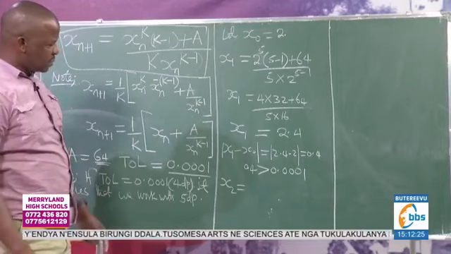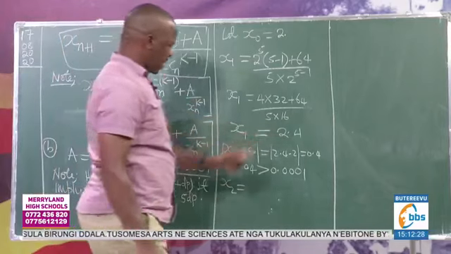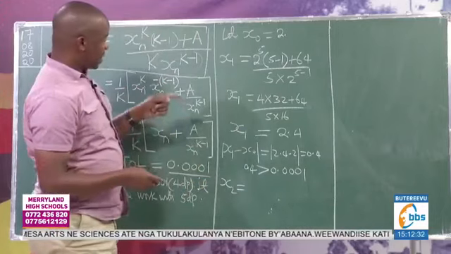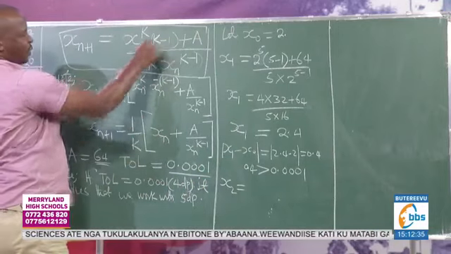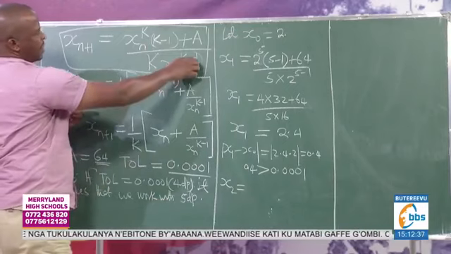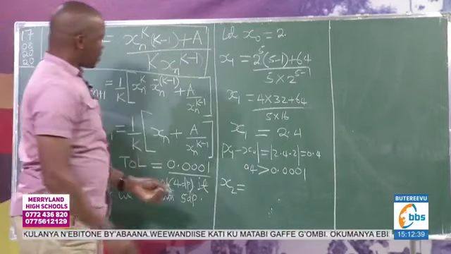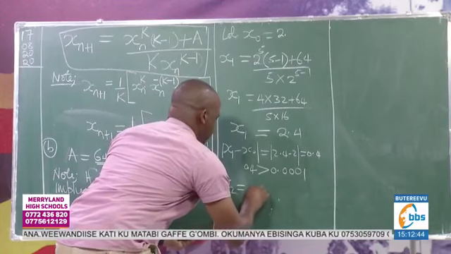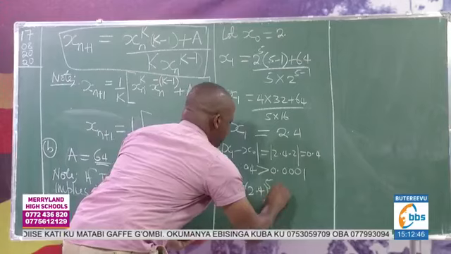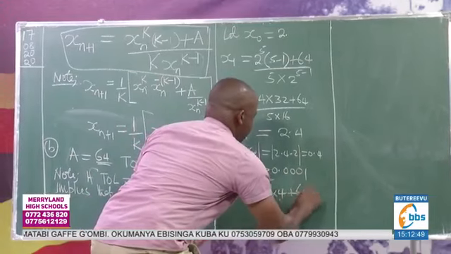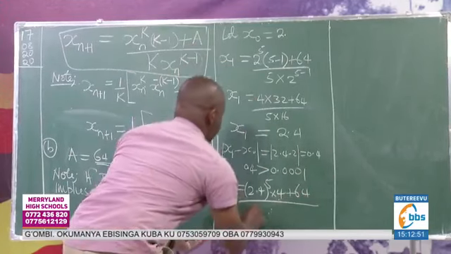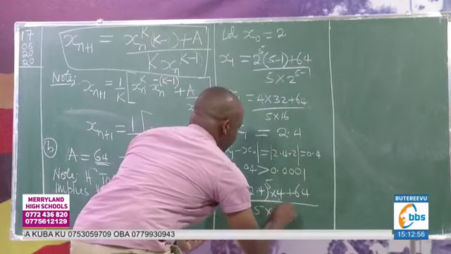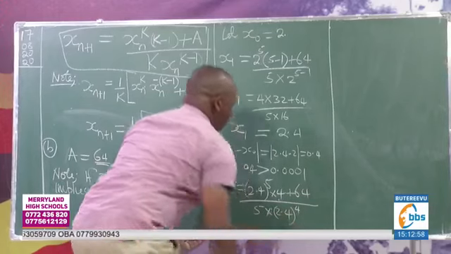To find x2, we shall feed in our x1 as that. And my dear students, I already emphasized that I am going to be putting this straight away as 4, as you've seen, and this as 4. So I'll have 2.4 to the power 5 times 4 plus 64 over my k, which is 5, times 2.4 to the power 4.